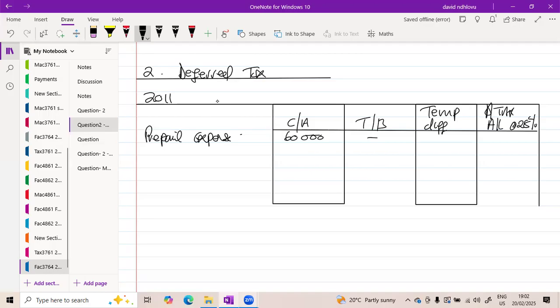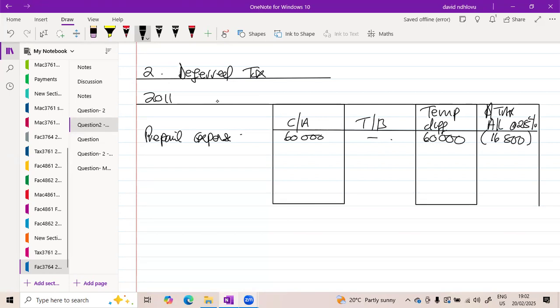So therefore, since they allow a deduction, they won't have a balance of that amount. So they will have a 0 there. And we have a temporary difference of 60,000. Remember our rate is 28%, so we multiply the temporary difference by 28%, we are going to get 16,800, and it's going to be a deferred tax liability.